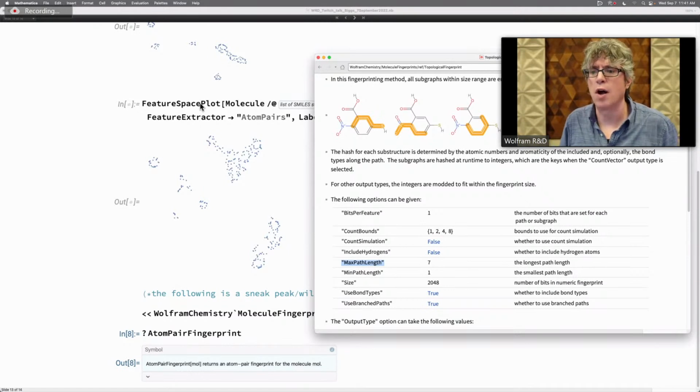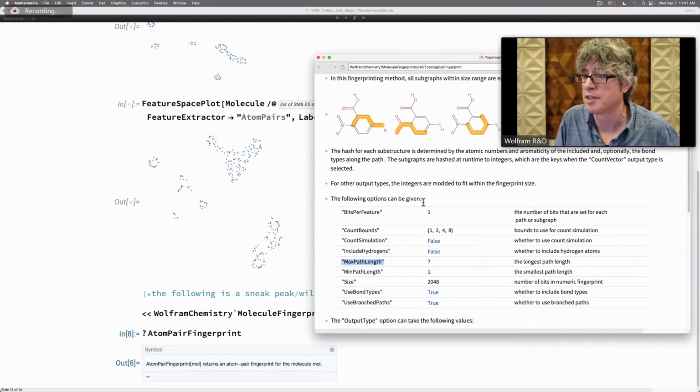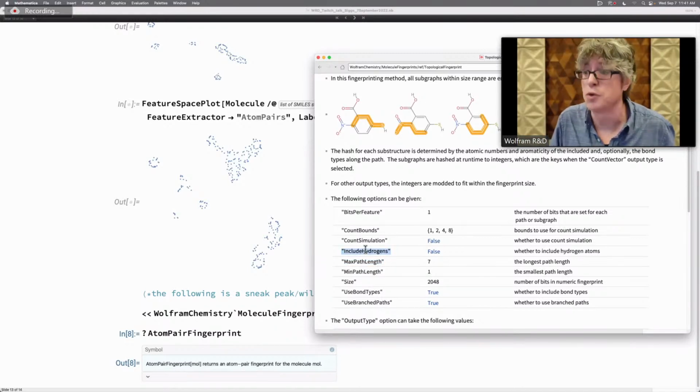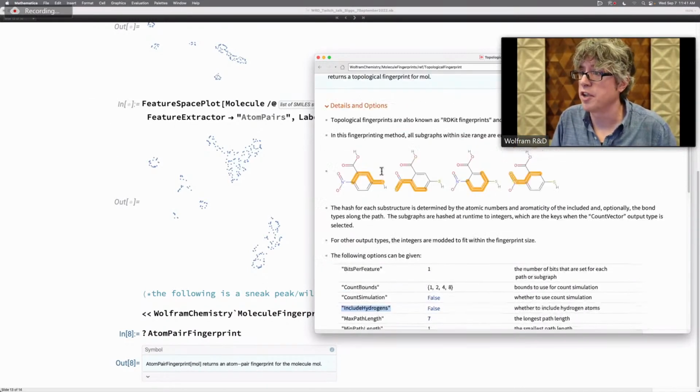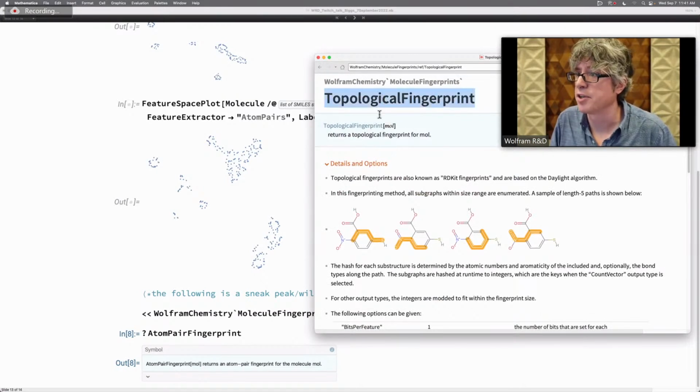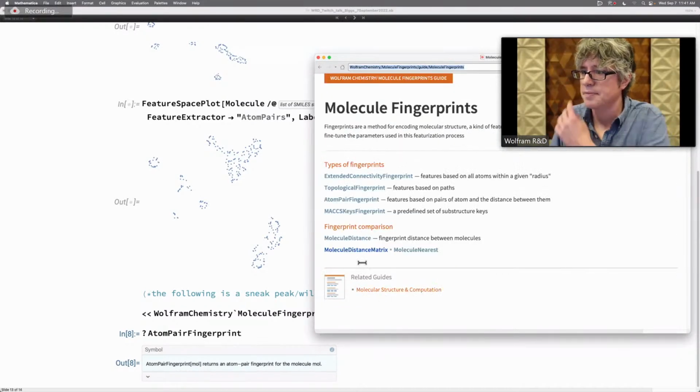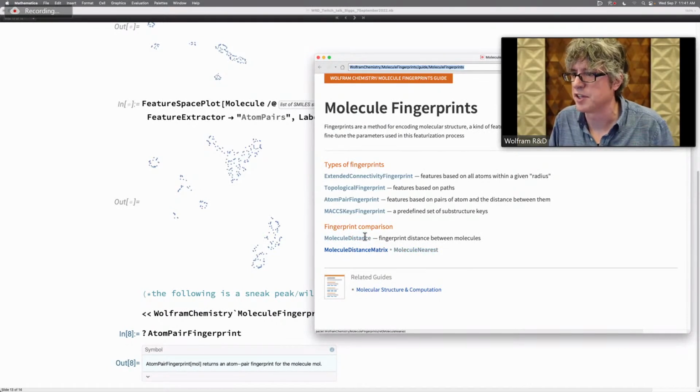But sometimes you want to fiddle with options. Sometimes you want to specify that you want to use a count vector instead of a bit vector, or that you want to include hydrogens in generating the fingerprints, whereas normally you do not. And so you can generate your own fingerprinting function and feed that to feature extractor. And so that's kind of the point of this paclet. It includes convenience functions like molecule nearest and molecule distance.